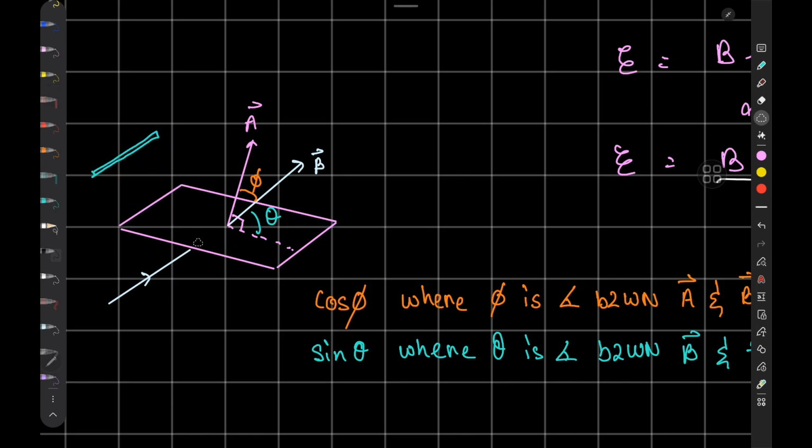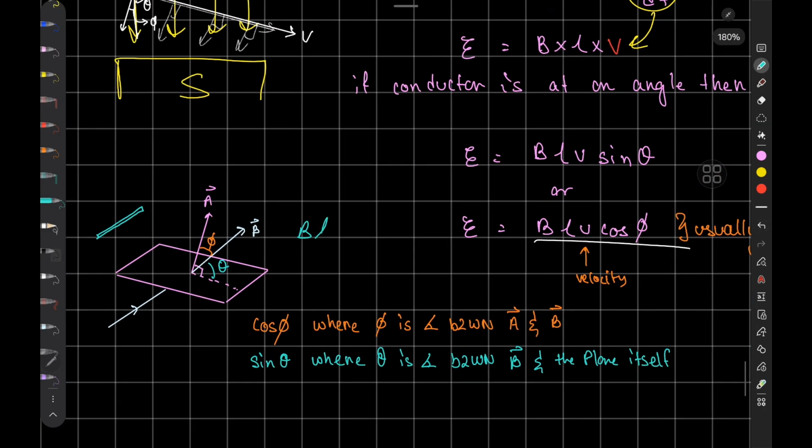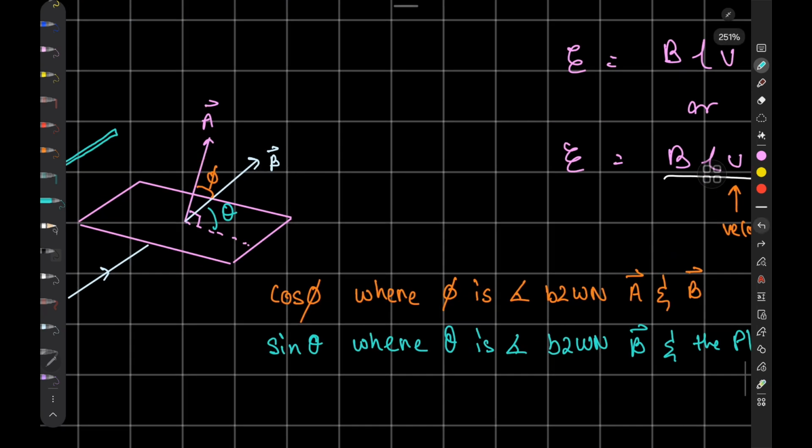If the magnetic field is at a phi to my normal, we can't just have B times LV to denote the EMF, because the entirety of B is not normal to my conductor's motion. So to have the normal component, we take B cos phi or B sine theta.